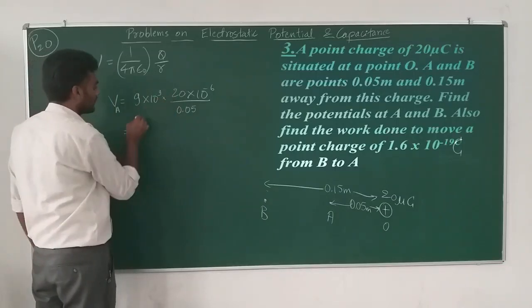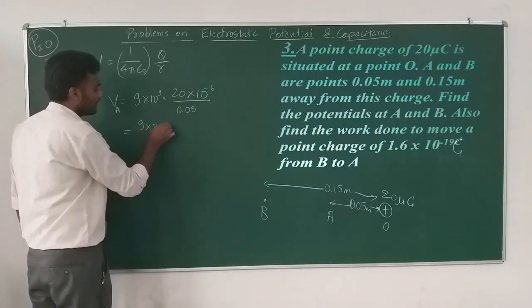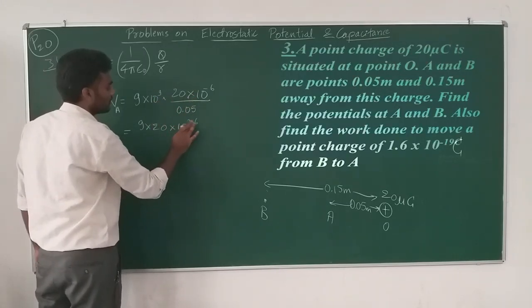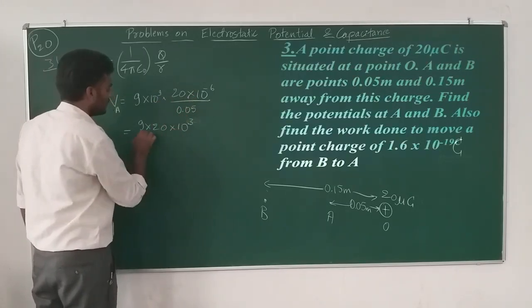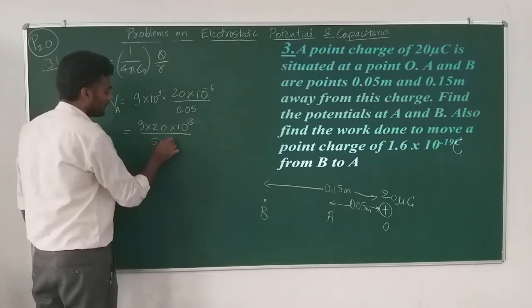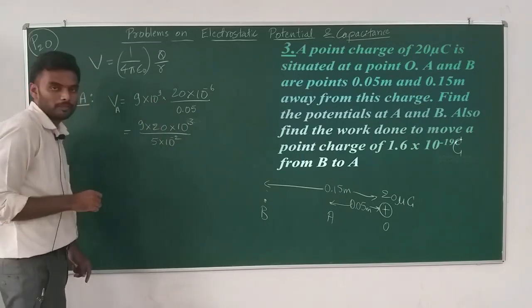Now look at this, 9 into 20 into 10 to the power of 9 minus 6, which is 3, divided by, I can write 0.05 as 5 into 10 to the power of minus 2.